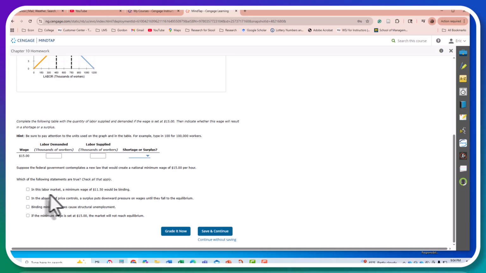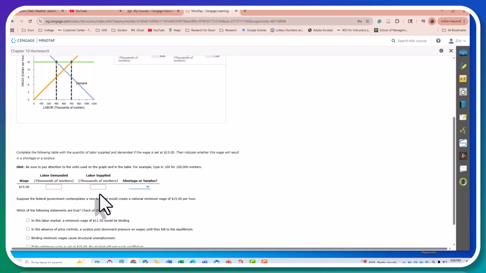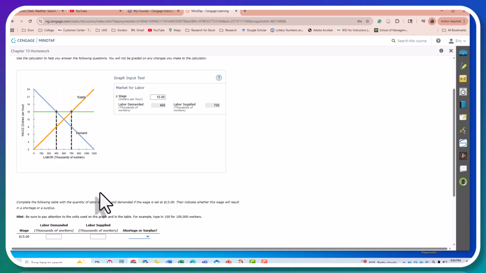In this labor market, the minimum wage is $11.50. Would that be binding? Meaning, is that going to be something that is stuck? Would that actually result in something beneficial? You could check that out.